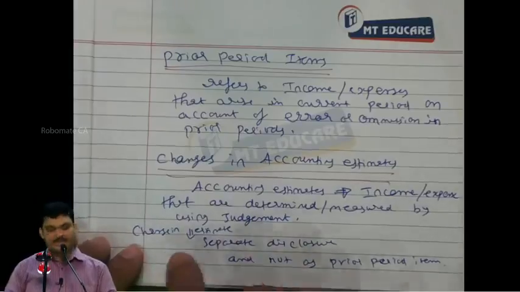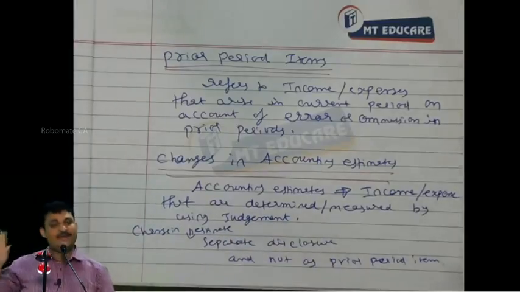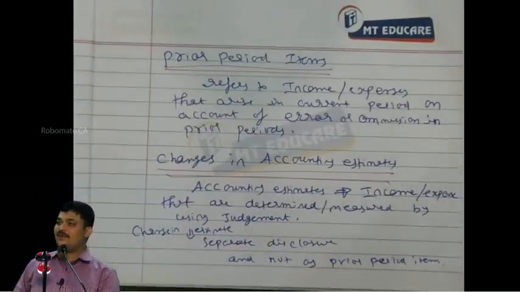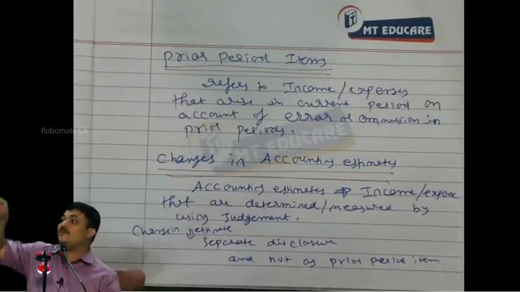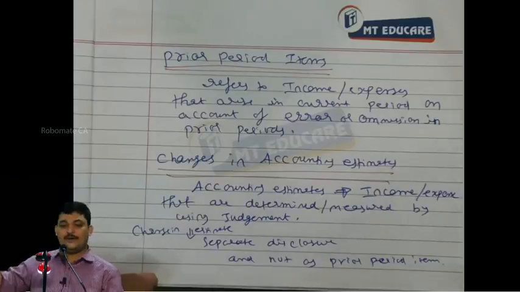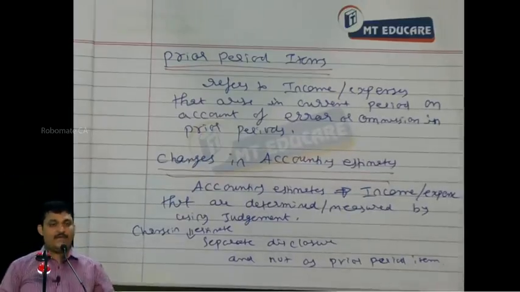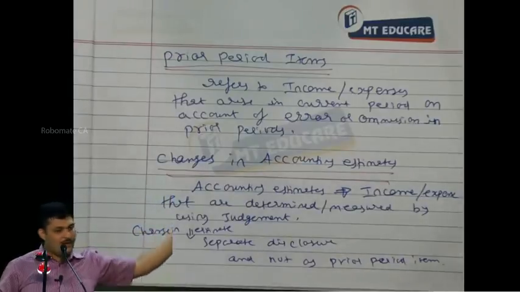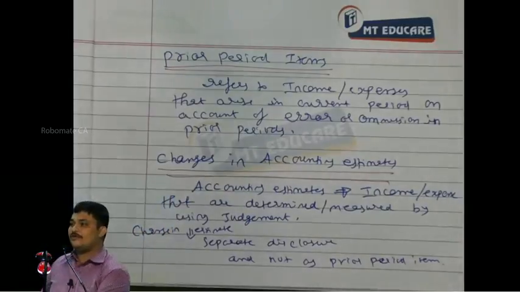Anyway, we just found out change in accounting estimate. Understood? So change in accounting estimate should be separately disclosed, as part of current year profit or loss. Now, whether it is classified as ordinary or extraordinary depends upon the original estimate. If the original estimate in the previous period was ordinary, then the change in accounting estimate is also ordinary.